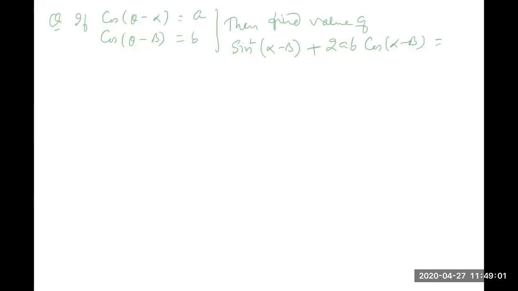If cos(theta minus alpha) is equal to A, cos(theta minus beta) is equal to B, then find the value of this: sin square(alpha minus beta) plus 2AB cos(alpha minus beta).